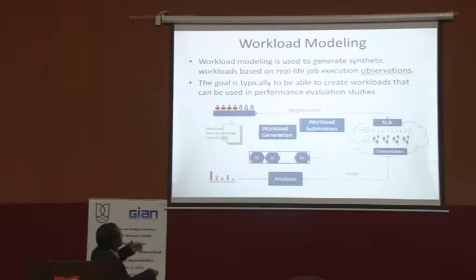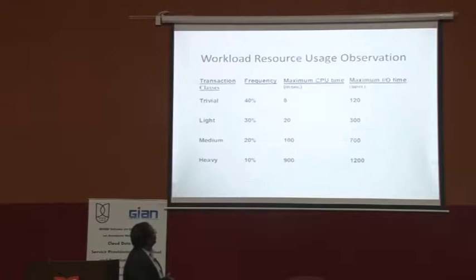As I said, when we model, we need to look at the observations, and you can see different classes of applications. Some of them are very trivial. You can classify that, and quite often these trivial ones are like web services.